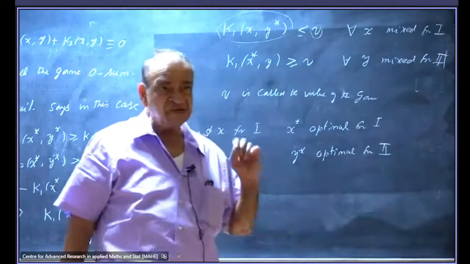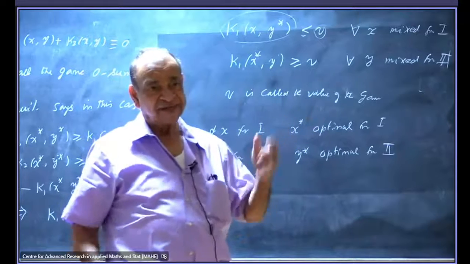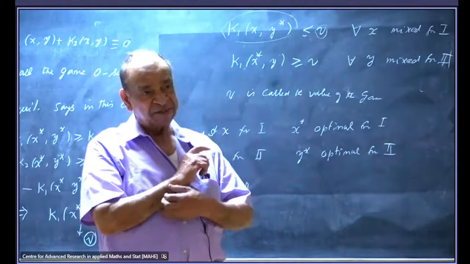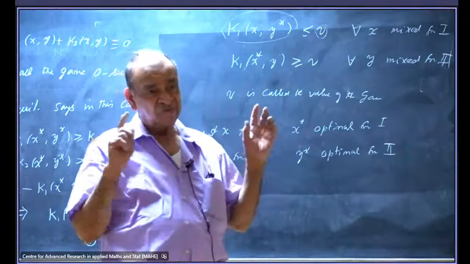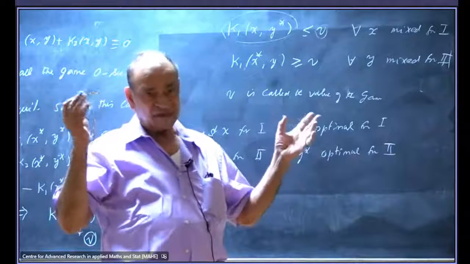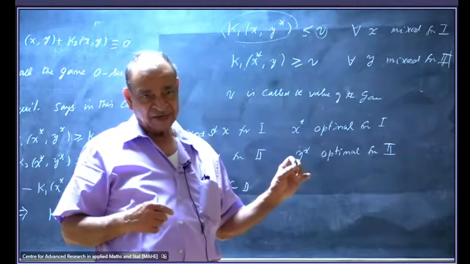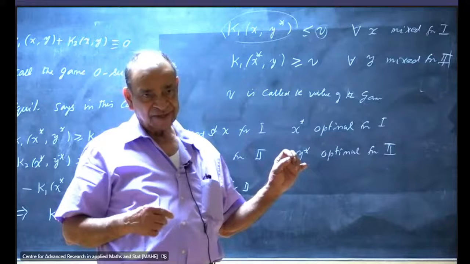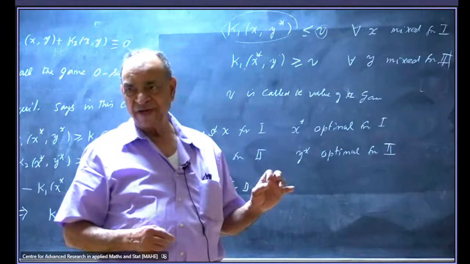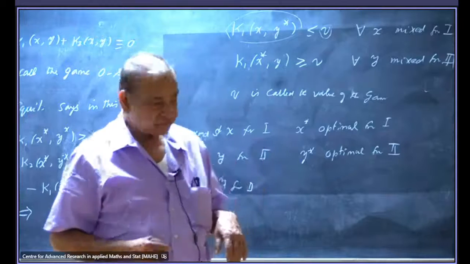But the number B is unique, whatever be the strategies. There may be several Nash equilibrium points. In the case of non-zero sum, the expectations could be quite different. In the zero-sum case, that V is unique. Do you follow me? That V is unique.